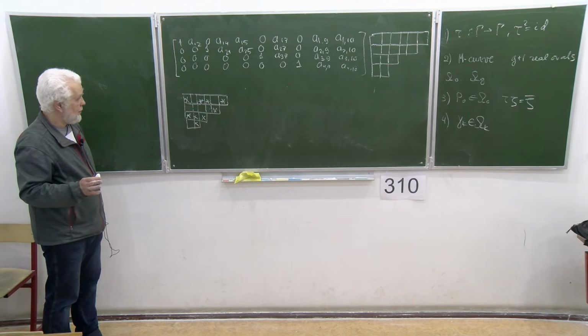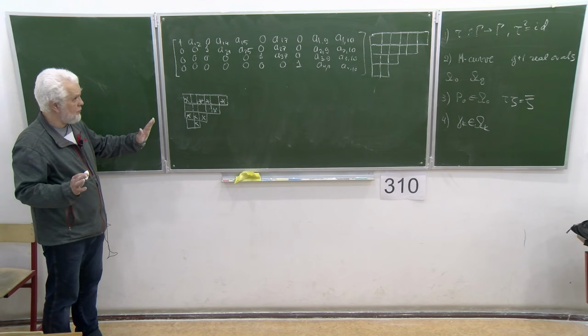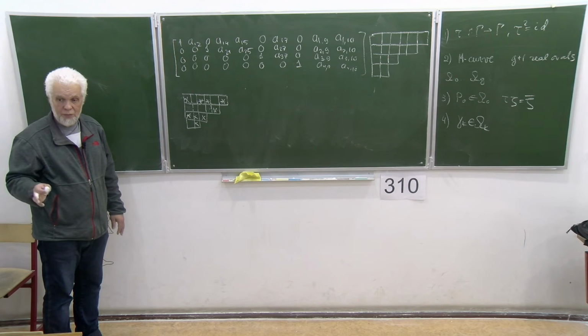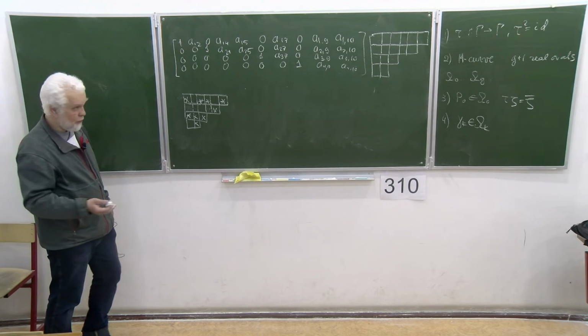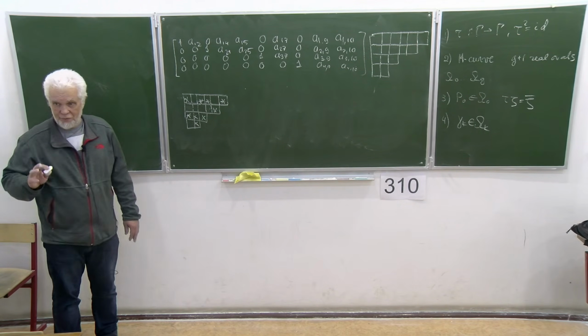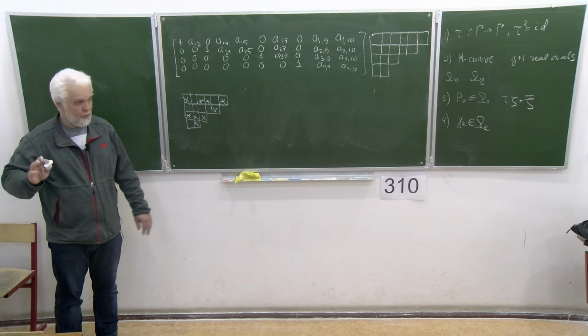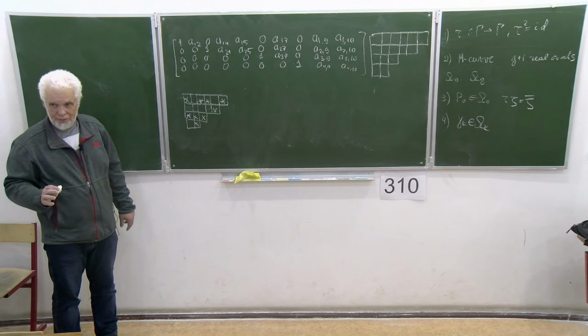First of all, let's describe the parameterization of cells by Postnikov. First of all, we have to construct a graph from the diagram. Transform this diagram into a graph.